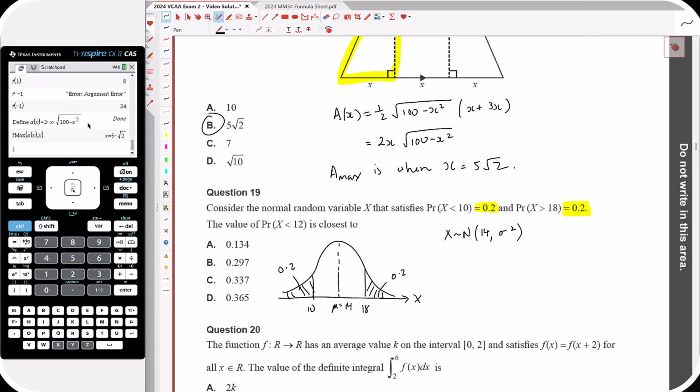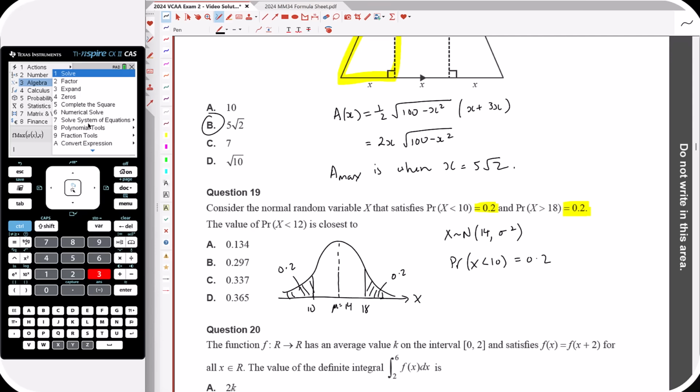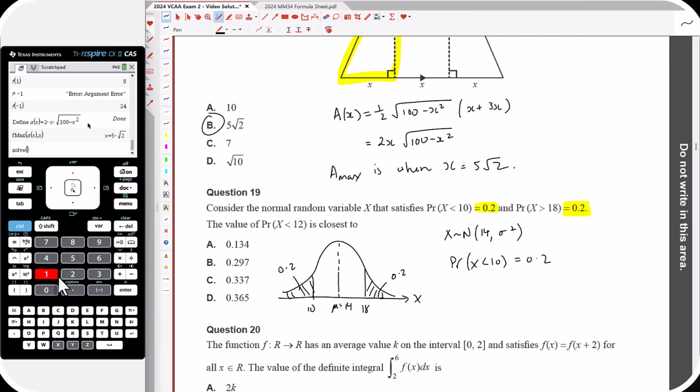So we're going to use one of these probability facts that we know about. Probability that x is less than 10 is equal to 0.2. So menu 3, 1, I'm going to solve a norm CDF, so menu 5, 5, 2. Lower bound is negative infinity, upper bound is 10, it's less than, it's normal, so that's okay.